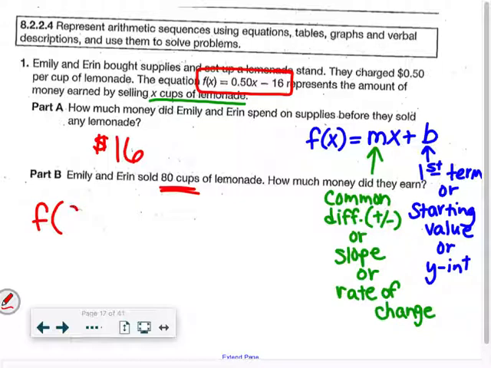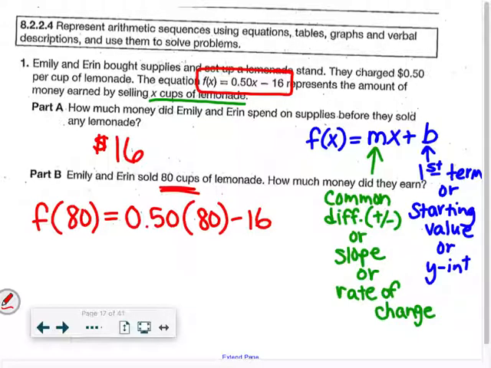So we can plug in 80 where the x's are in the equation and solve it. So 0.50 times 80 is 40. 40 minus 16 is 24. So they made $24 profit by selling 80 cups of lemonade.